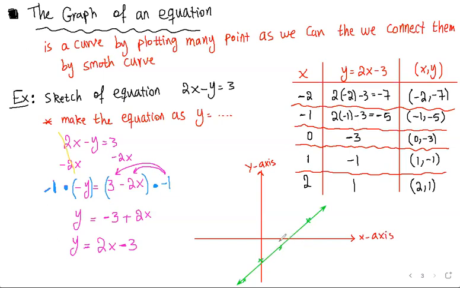It has a point here, this is 1 here, and it is 2 here. Same thing here. Here is 0, and this is my -1 here. So it looks like a line after we draw the curve through these points. Okay. Any questions so far?